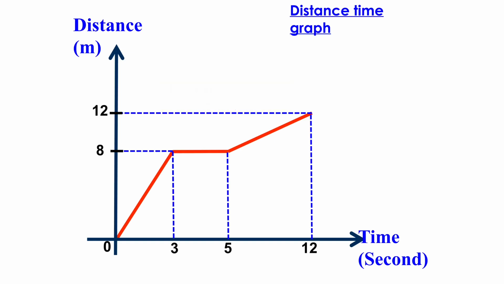The graph again shows the object stopped, as the horizontal path means 0 speed.